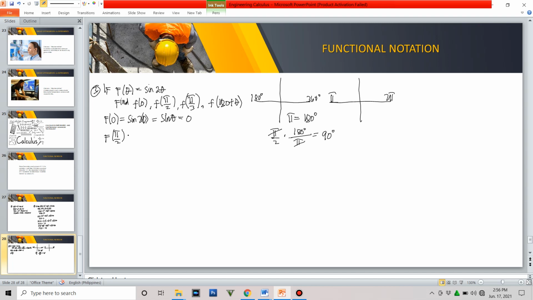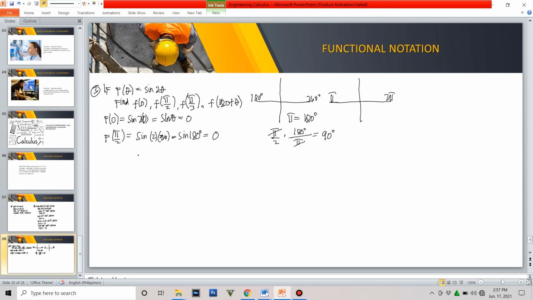If we're going to calculate that, we have sine of 2 times 90, or sine 180 degrees, which is equal to 0.